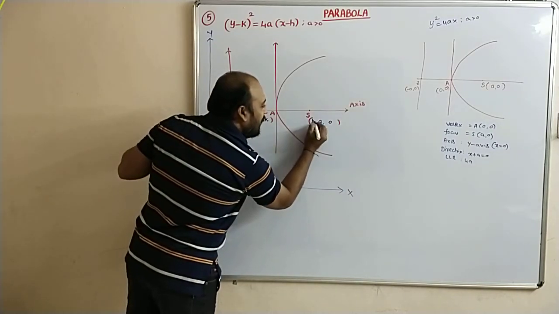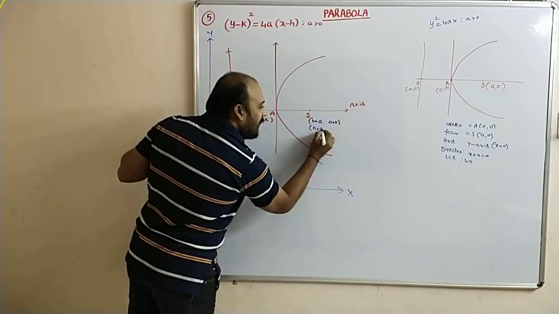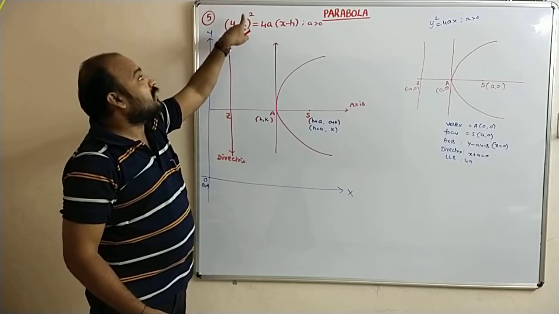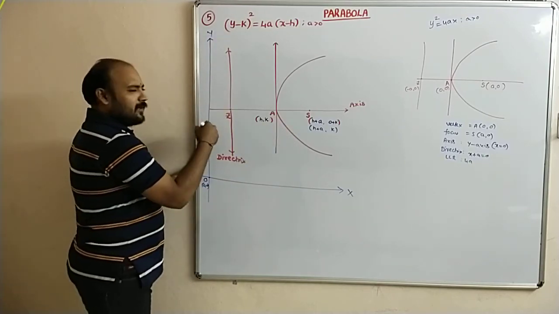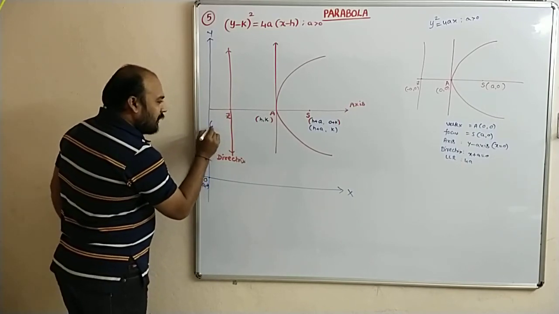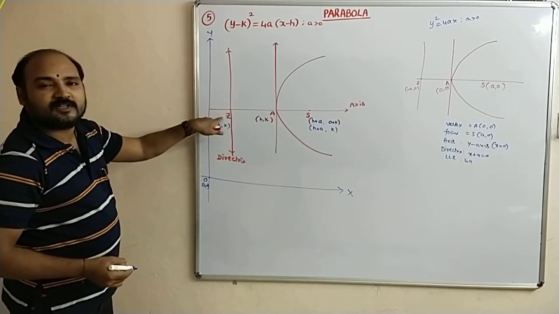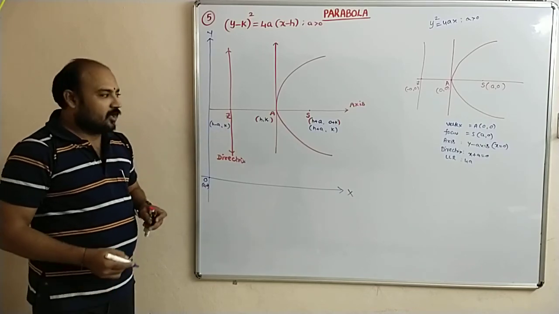So h plus a comma 0 plus k, that means h plus a comma k is the focus of the parabola y minus k whole square equal to 4a into x minus h. Similarly, the Z coordinate is not required, but we have to write it: h minus a comma k. Generally it is minus a comma 0, and further we add h comma k, giving h minus a comma k.